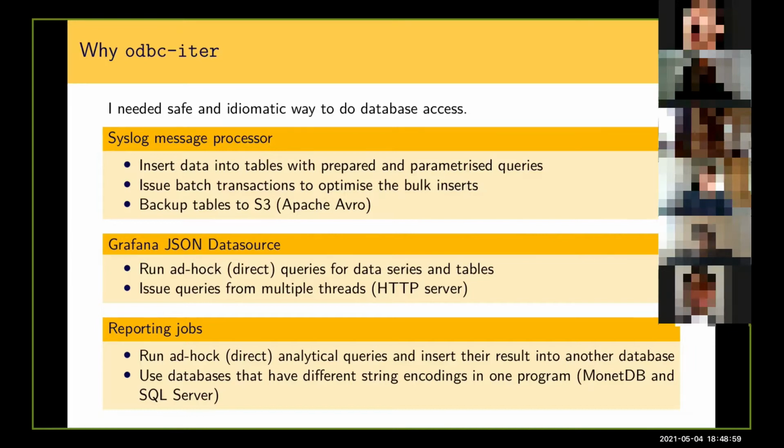For this, I did ad hoc queries, or as ODBC calls them, direct queries, built based on the request from Grafana. I also needed multi-threading because I wanted to issue multiple queries for a whole dashboard. A dashboard has many elements and they all generate queries, so I wanted them to work in parallel to have the dashboard load quickly.